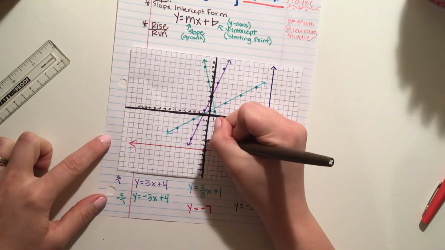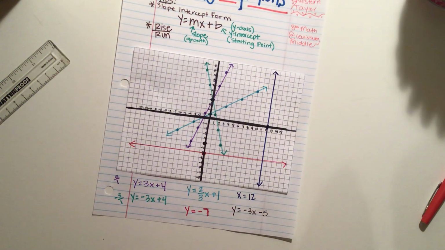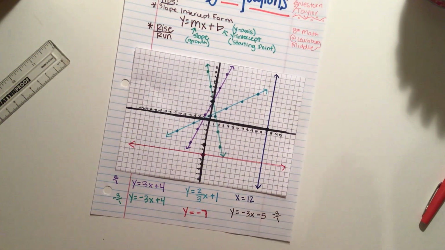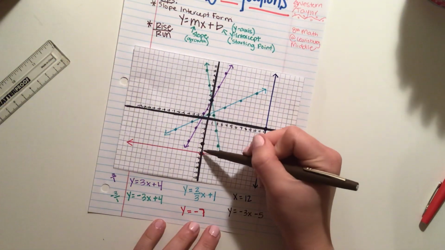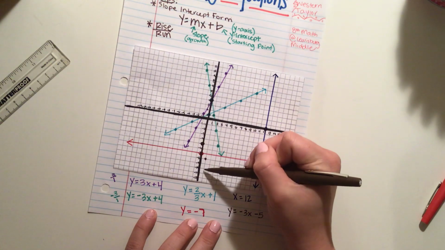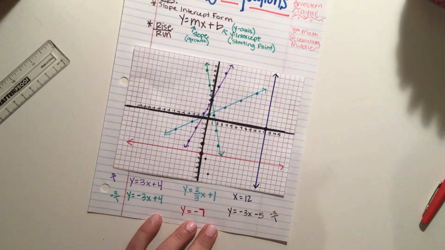So I'm going to make my first dot at -5. My slope is -3. How do I write that again? -3 over 1. So you would go down 3, right 1. Down 1, 2, 3, right 1. You always move to the right. Always. The only time you move left is when you're showing opposite value.